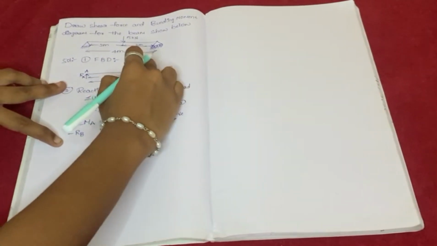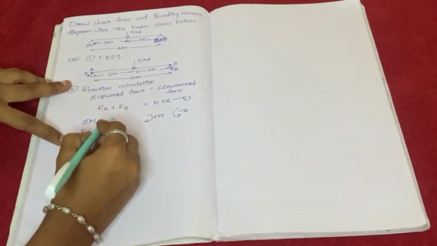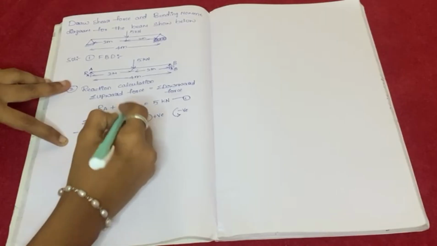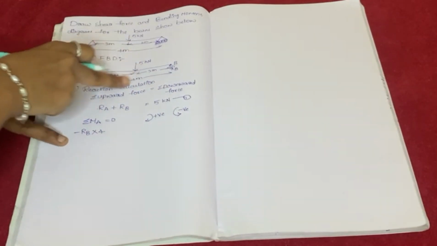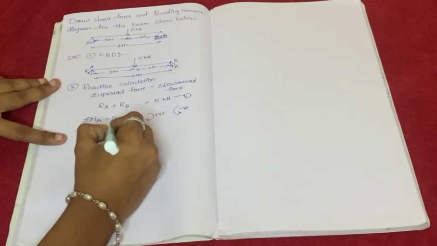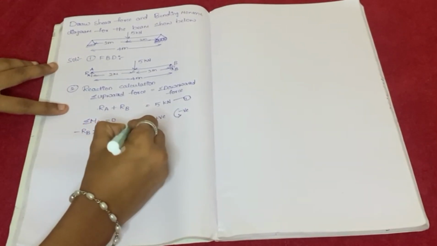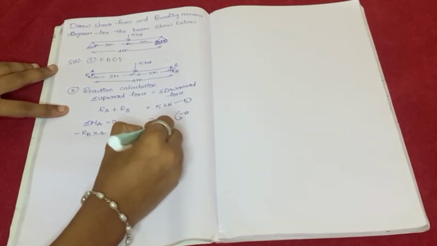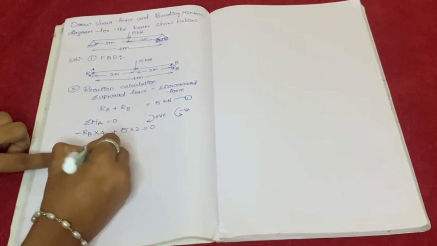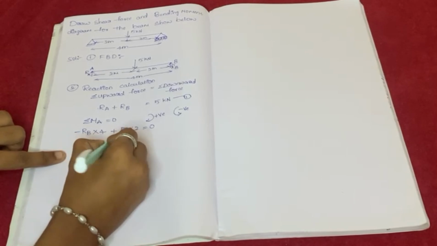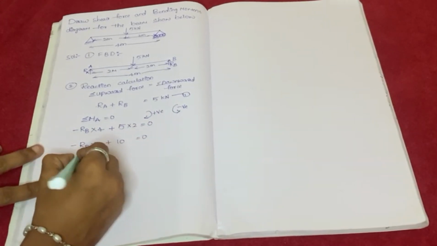Moment means load into distance, so RB into 4 meters. 5 kN is creating clockwise moment about A, so plus 5 into 2 meters is equal to 0. This is minus RB into 4 plus 10 is equal to 0.